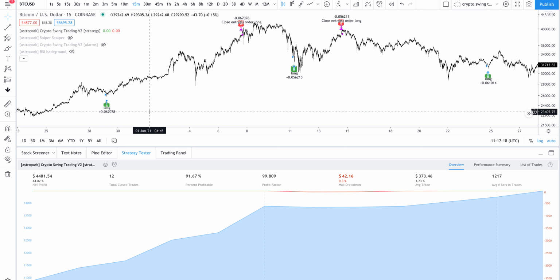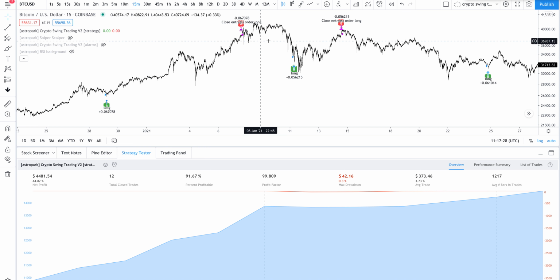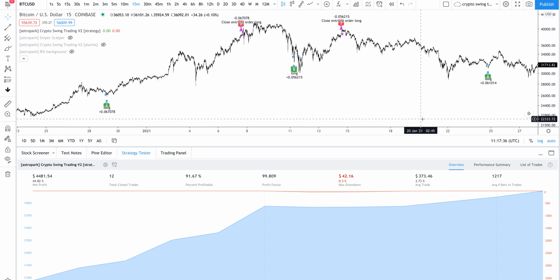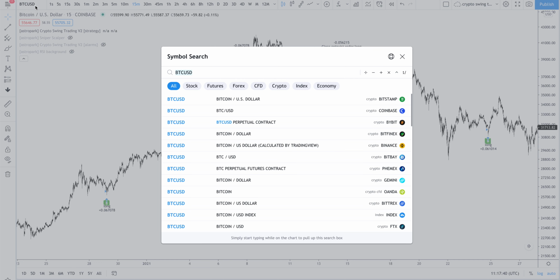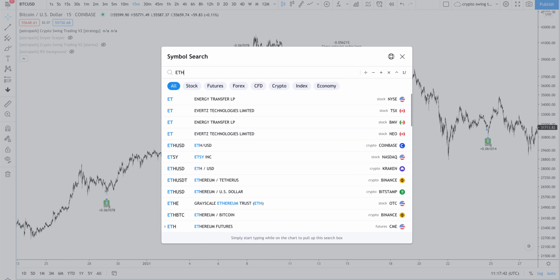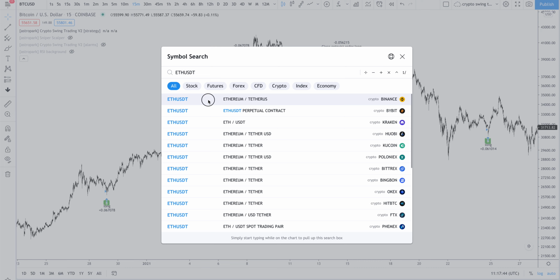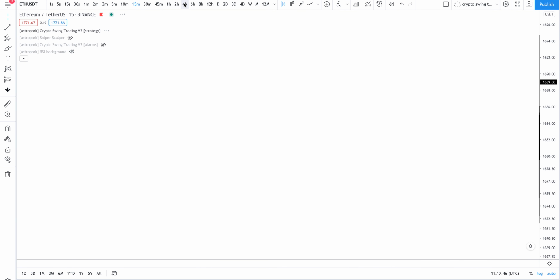So buy low and sell high, because this is the worst for a trader, to go for FOMO, to buy high and to sell low because you are scared about what can happen. Okay, so a strategy like this will help you a lot. Okay, and it works on any other markets. Let's check for Ethereum.